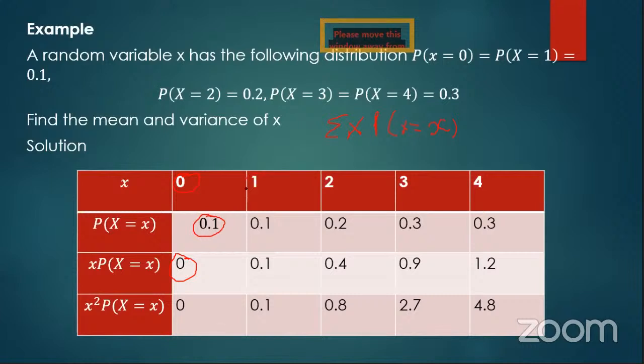Then we also get 1 times 0.1, which gives us 0.1. Then 2 times 0.2 gives us 0.4. Then 3 times 0.3 gives us 0.9.